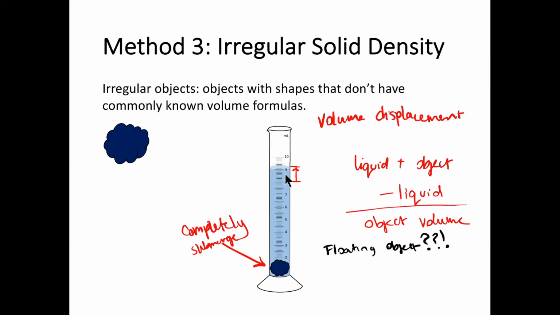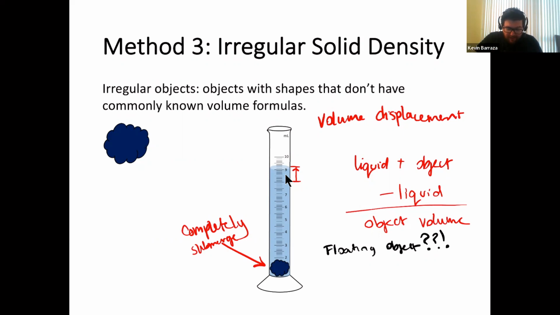I guess like add a heavy object above it and then subtract that heavy object. Yeah, we could force it down by putting something more dense on top of it, pushing it down. And then if we know that object's volume, then we could just subtract that.